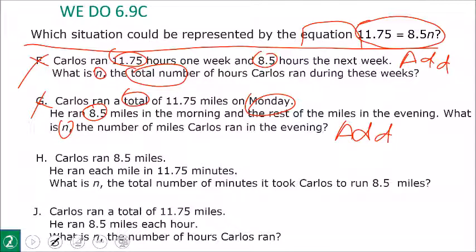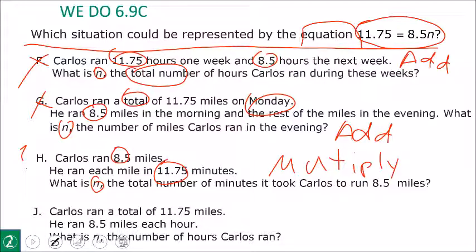multiplication. Carlos ran 8.5 miles, and he ran each mile in 11.75 minutes. So this looks like multiply. But I'm not too sure about this. Let's see how this works here. Carlos ran a total of 11.75 miles.